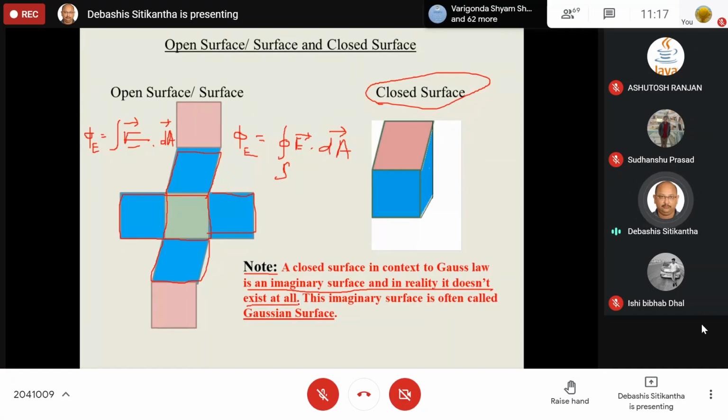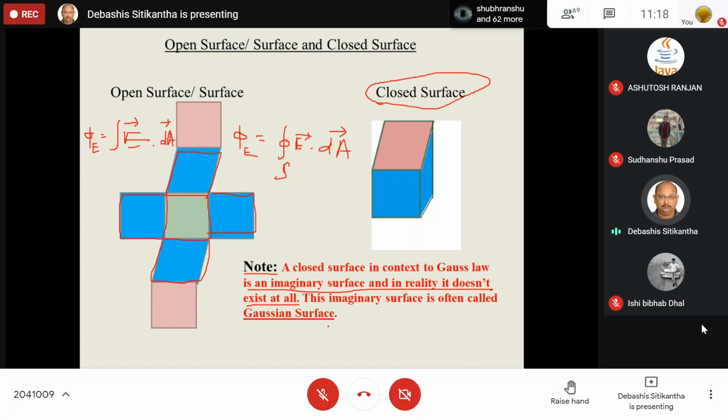Now I will tell you the meaning of this. This imaginary surface is often called your Gaussian surface. In other words, whenever we are talking about a closed surface, we are actually referring to a Gaussian surface. So whenever I tell you the total charge enclosed by a closed surface, I actually mean the total charge enclosed by the Gaussian surface.